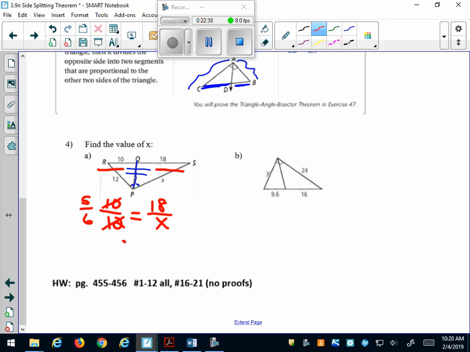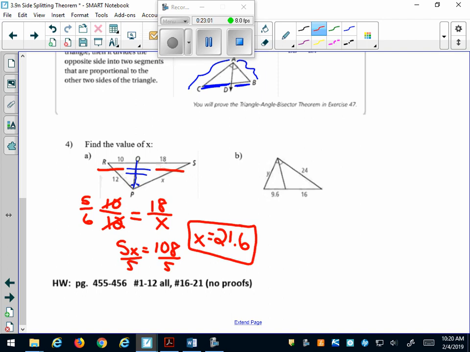I did 5x equals 6 times 18, which is 108. So divide both sides by 5, and x equals 21.6. Yep, you can have 10x equals 216, and then divide by 10, and you get 21.6.